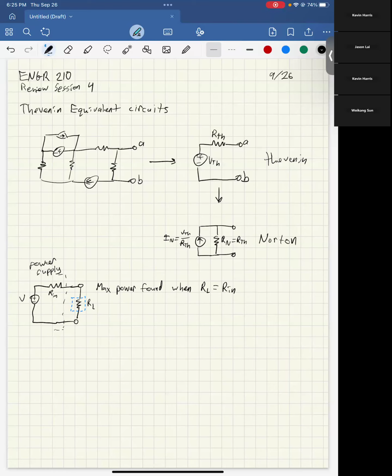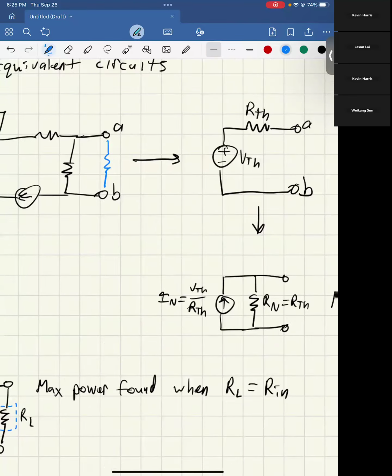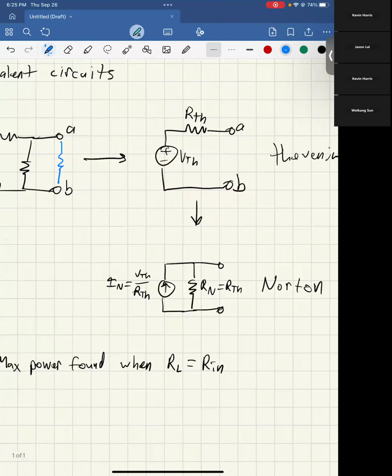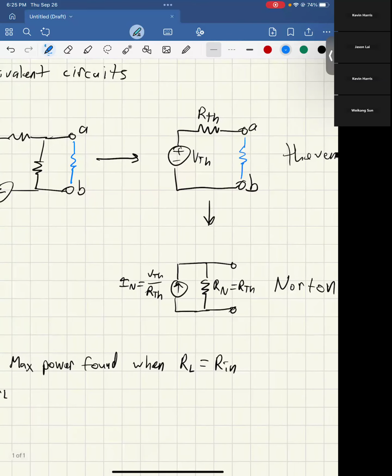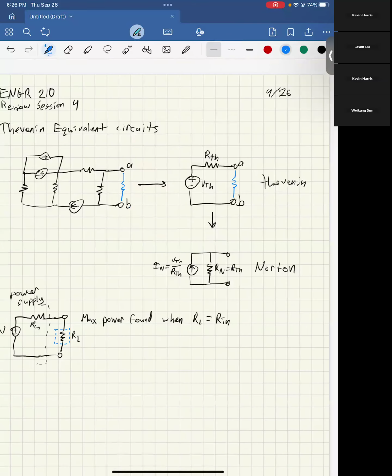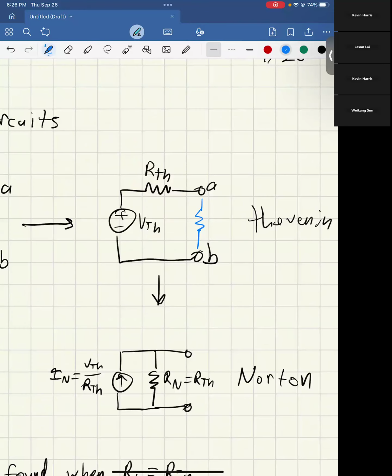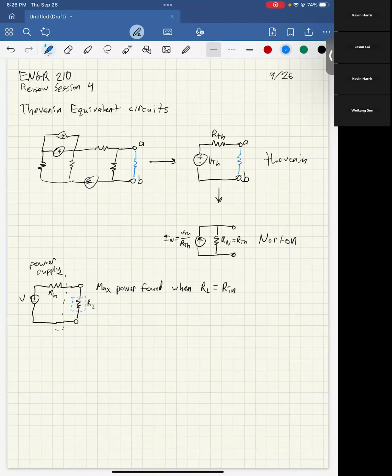So what that also tells you is, back up with this other circuit, if you were to put a resistor here and wanted to find the maximum power that can be transferred to that resistor, it would be very good to turn it into this Thevenin equivalent, and then the resistor should be equal to RTH. With this formula I'm about to give you, you can determine the maximum power transfer.